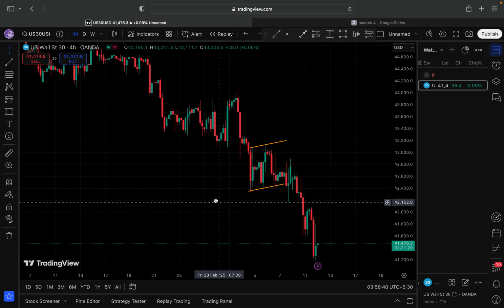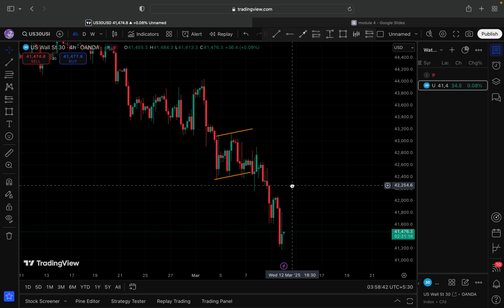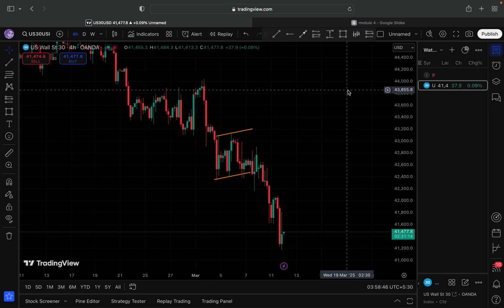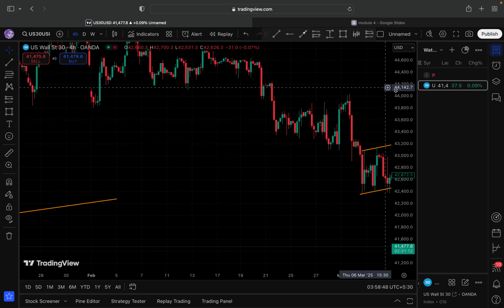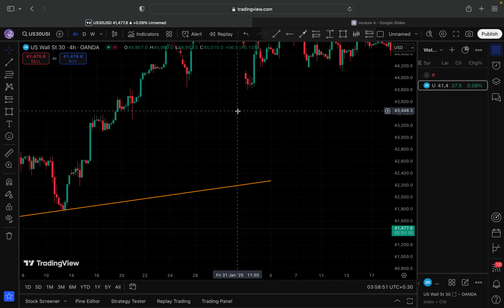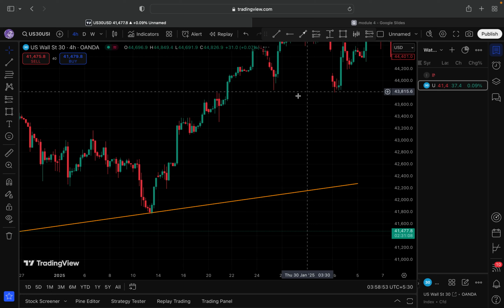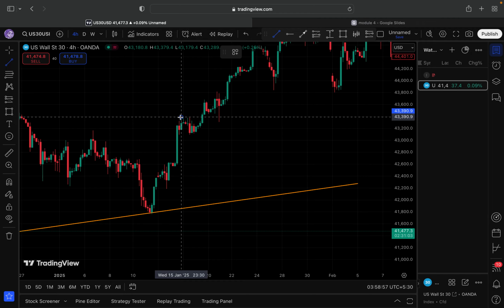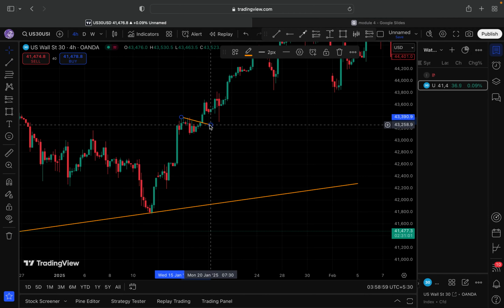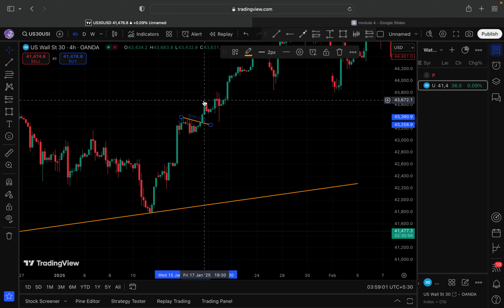Most times these bullish engulfing candles occur when price is respecting a structure. Let's say you see a buy pattern, for example. This now was a buy pattern that it gave here, and price impulsively broke out. You can see how price moved here.